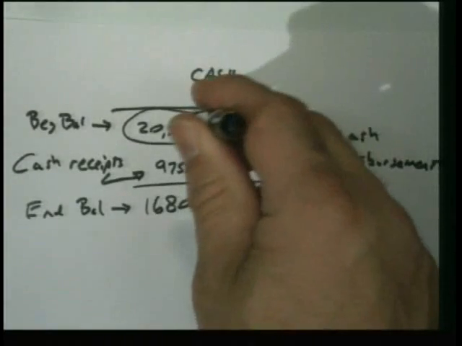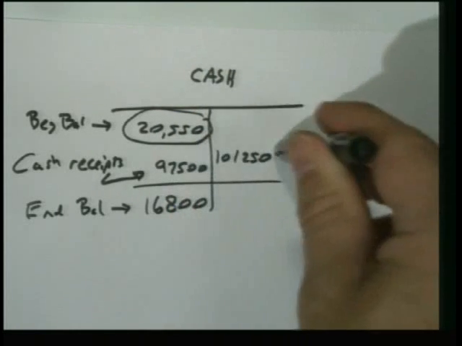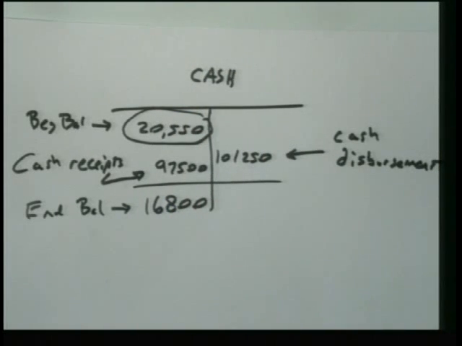Now, does 20,550 plus 97,500 minus 101,250 equal 16,800? Yeah, it does. You can check that easily on your calculator. Everybody know how to solve that? Yep. Maybe you did it differently, but I like to do it with the T account. Let's do the next one. Exercise 2.6b.